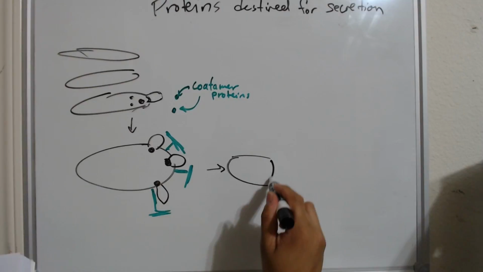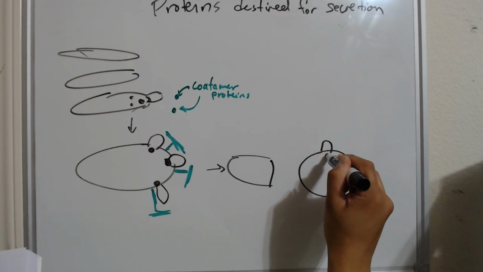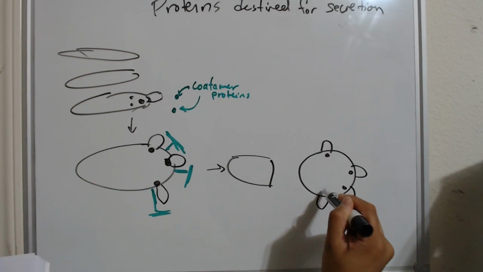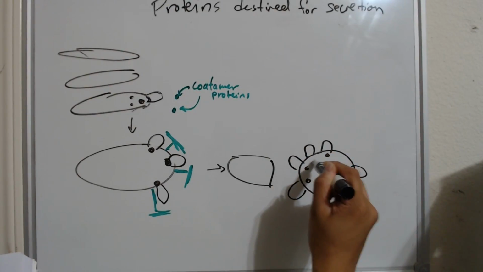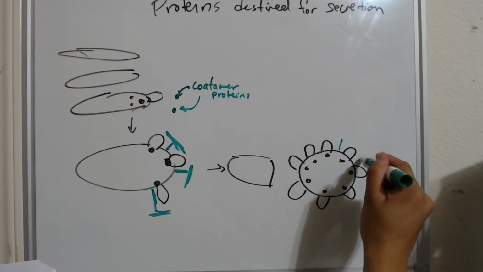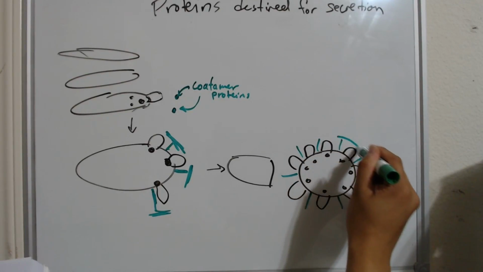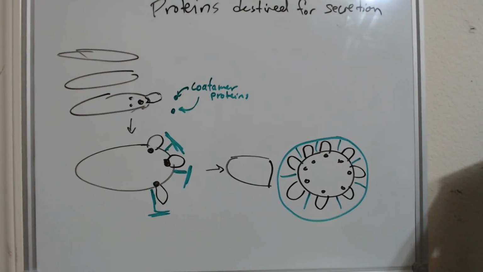Say it's cut off. And now there's all these coatomer proteins around. And it goes into the cytoplasm like that. Now we have a vesicle.